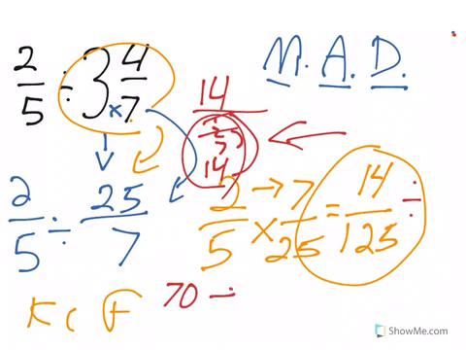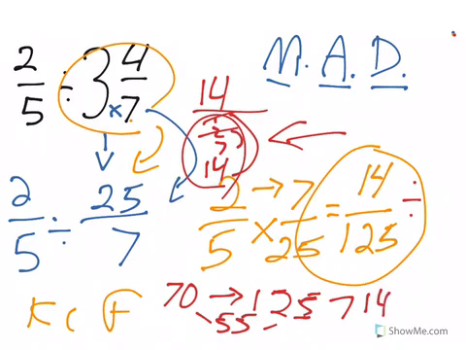To get from 70 to 125, that would be 55 in between, and 7 does not go into 55. 14 is just twice 7, so counting by 14s would be like counting by 7s, except you'd skip every other one.